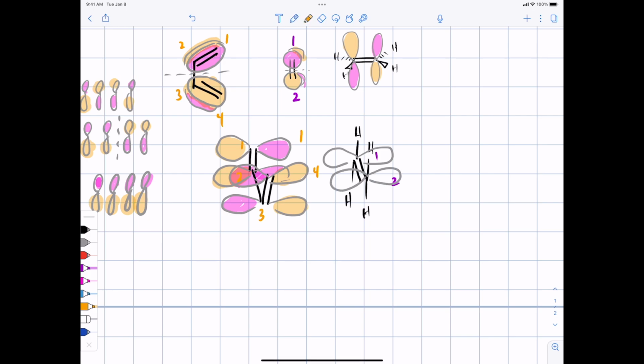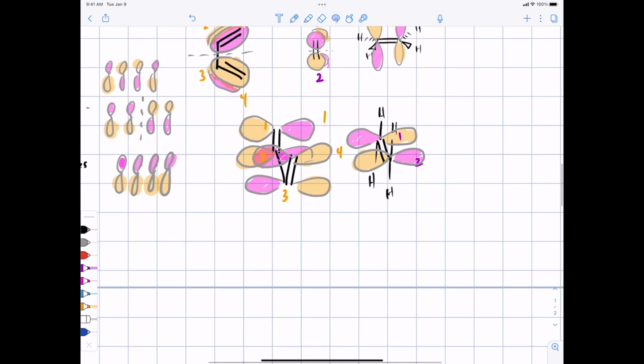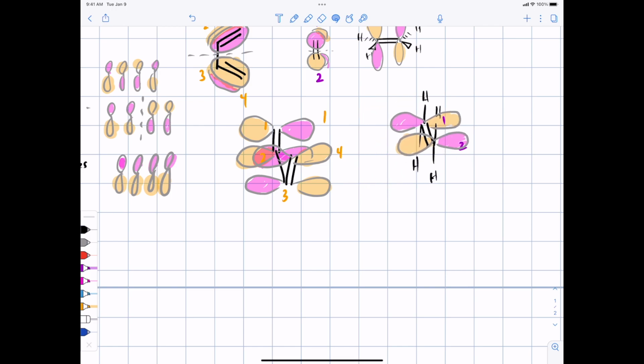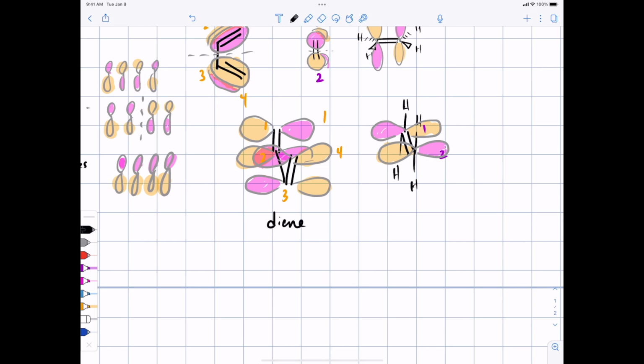Okay, and let's see. I will choose pink here. All right, so the pi system of the diene is going to approach the pi system of the olefin, or the dienophile, as HOMO attacks LUMO.